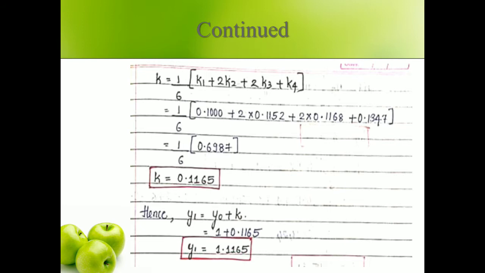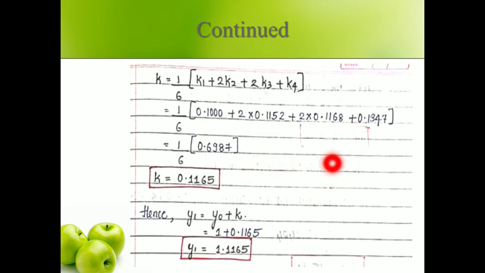Find the k value. Your k value will be 1/6 of k1 plus 2 times k2 plus 2 times k3 plus k4. Substituting the values of k1, k2, k3 and k4, we get our k value to be equal to 0.1165.